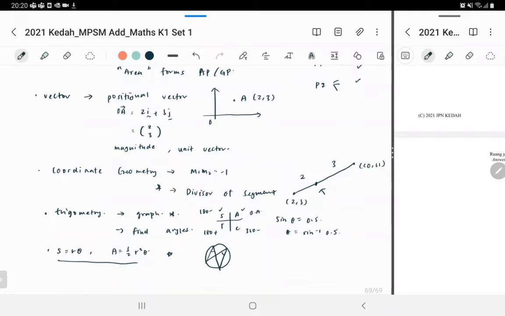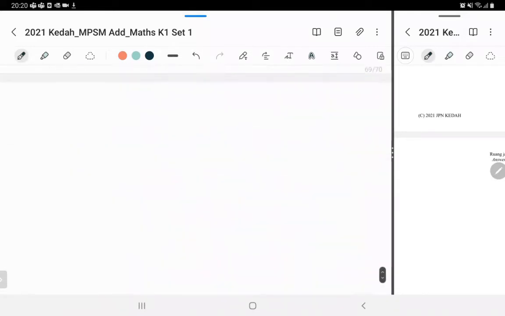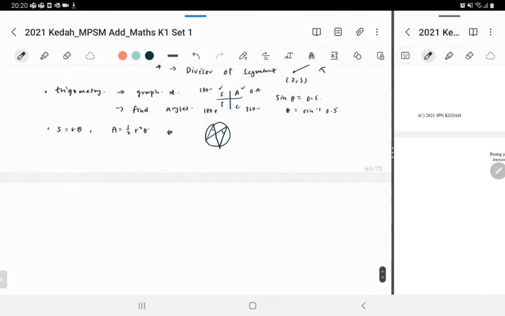The basic ones are s equals r theta, and area of the sector, A equals 1 over 2 r squared theta. And another one is the area of segment, if you still remember. This is a sector, and if you have a line like this one, find this part, the area of segment.